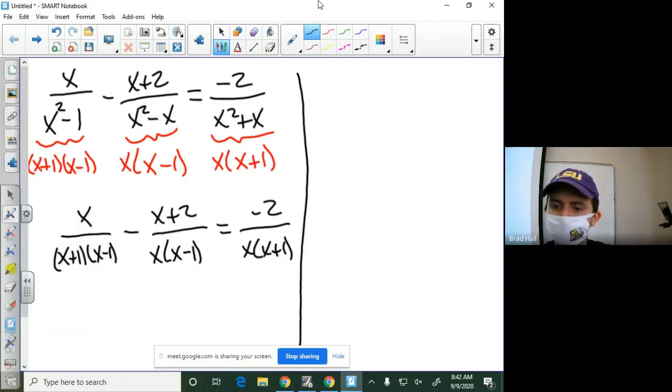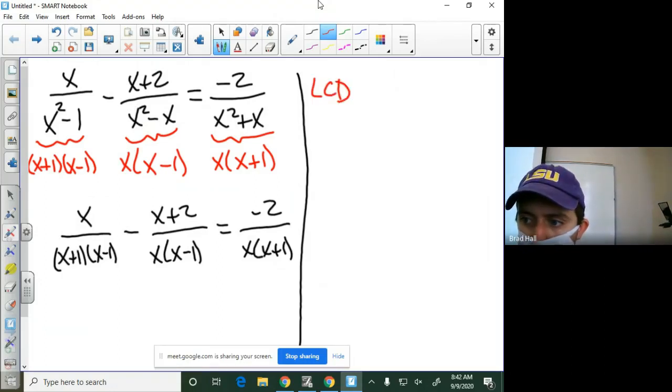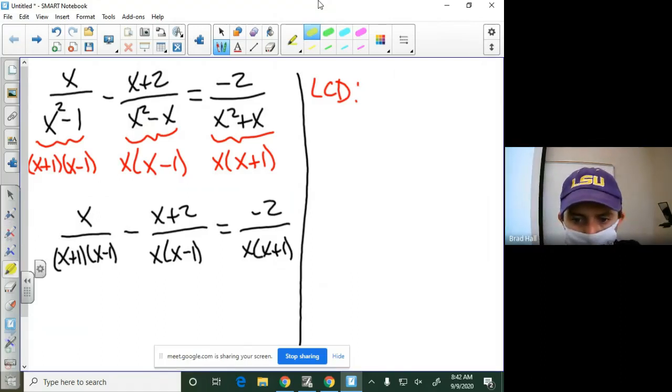Off to the side, I'm going to try to determine the least common denominator now. Now we have 3 denominators in general: x plus 1, x minus 1, x times x minus 1, and x times x plus 1.